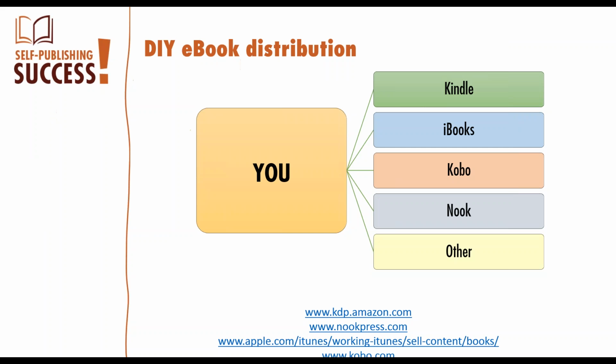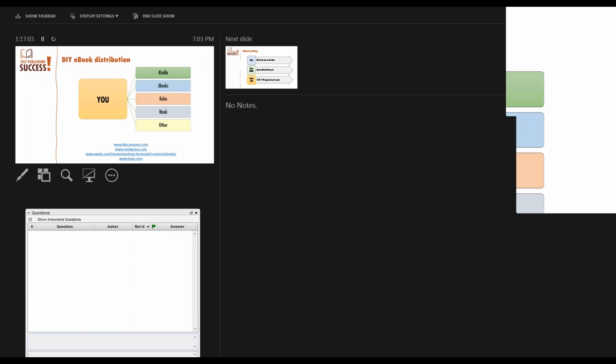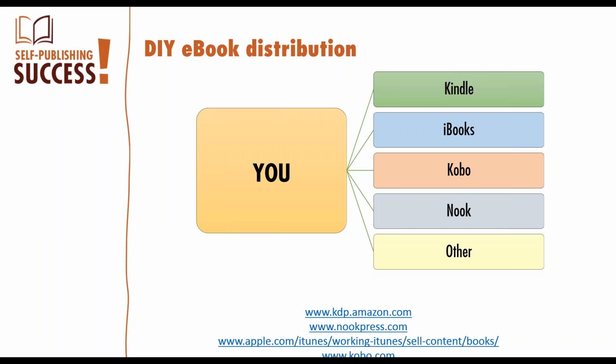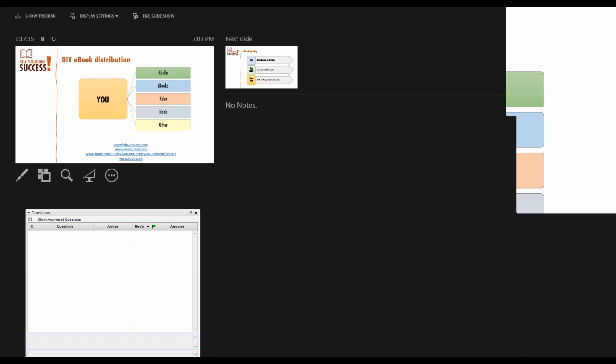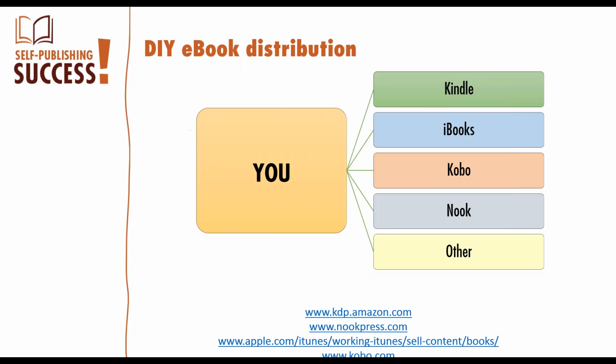Some people choose to do the distribution to Kindle on their own, so that's where the majority of their ebooks are going to be sold, so they make the most money on those sales. Then they use a distributor to reach the rest of the market and just let them take a cut. The sales on these other platforms are going to be minimal, so it's a hassle to manage all of them. So definitely go to Kindle directly on your own, and if you want to be listed in the other networks or distribution channels, look for a distributor.